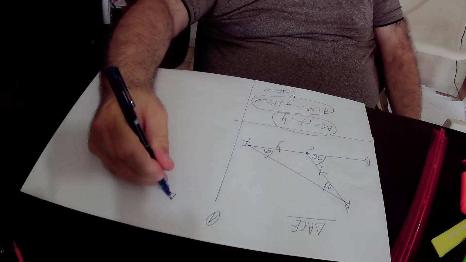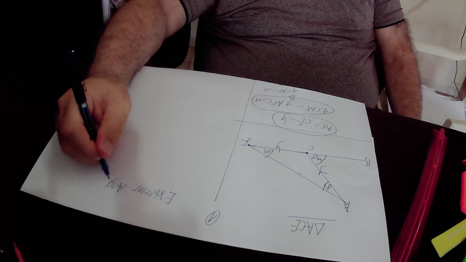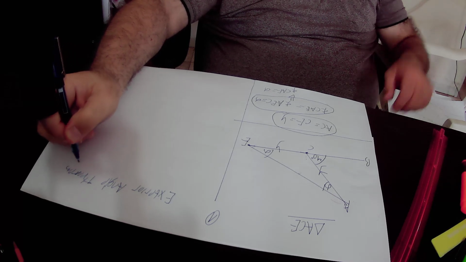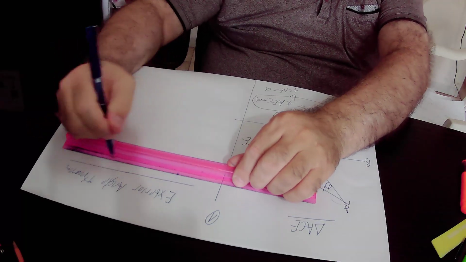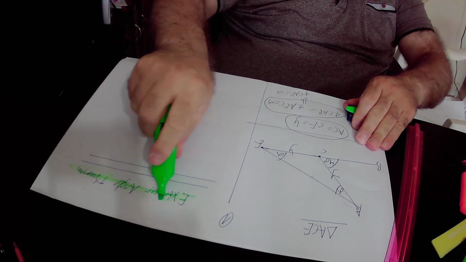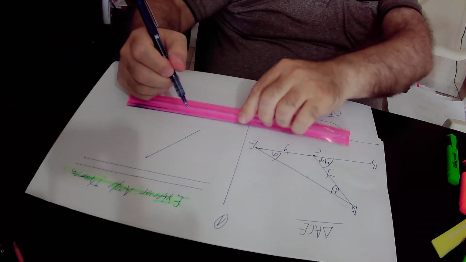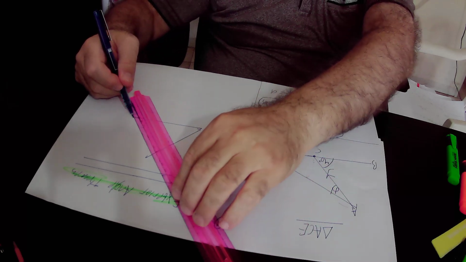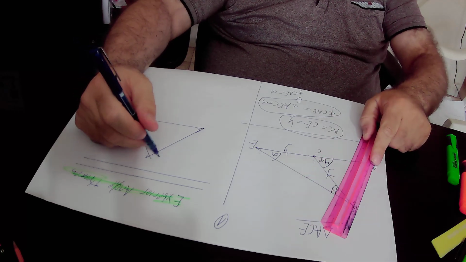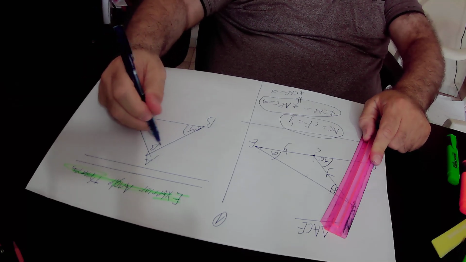What is the exterior angle theorem? According to the exterior angle theorem, if we have triangle ABC, which could be any triangle, in triangle ABC we have three angles, alpha, beta, and gamma.